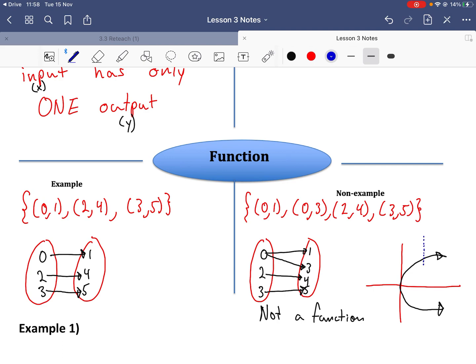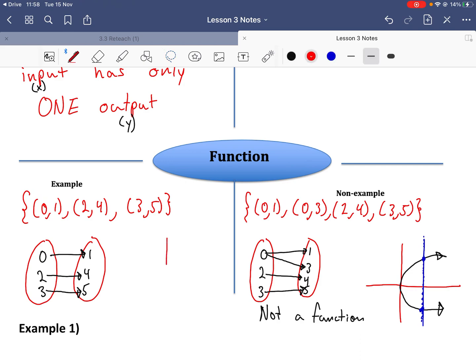So we have an imaginary line going through. As we slide this line across, for example, I'll say this blue line is imaginary, it's the dotted line here, we can see it's touching at 2 points. If it only touches at 1 point, then it is a function. So this one is not a function because we can see it's touching at 2 points.